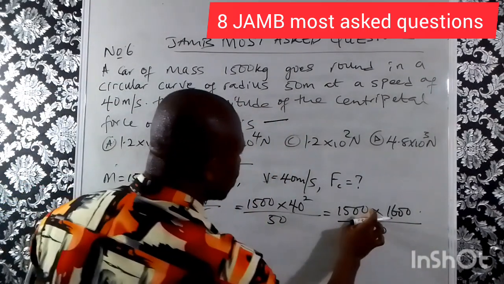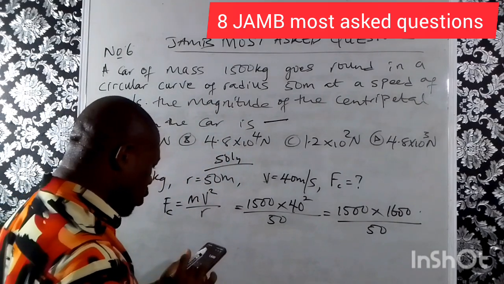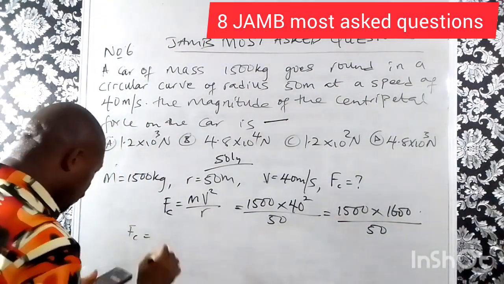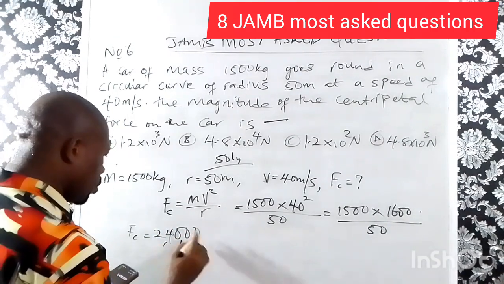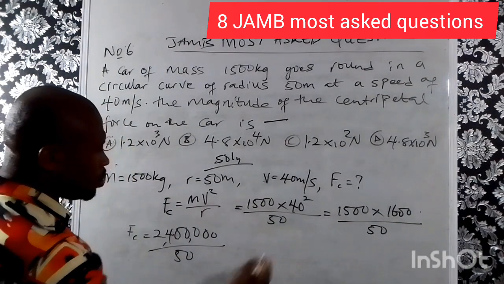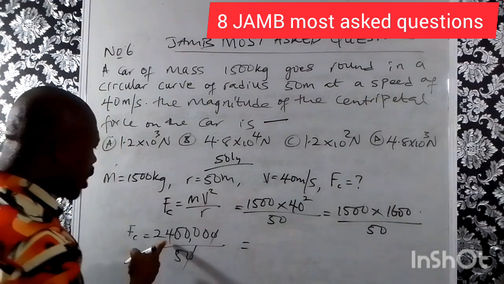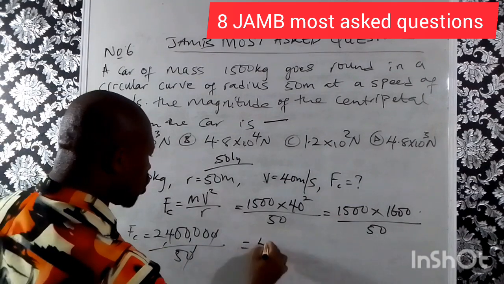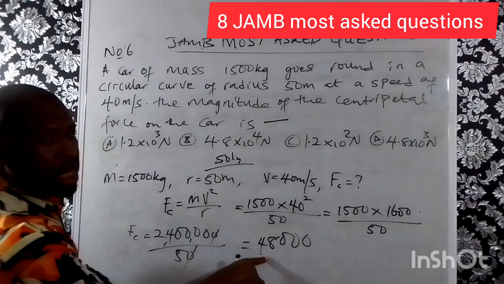Now, if you multiply, 1,600 multiplied by 1,500 will give us 2,400,000 all over 50. Now, this 0 can cancel this 0, which will give us 240,000 divided by 5, which will give us 48,000. At this point, this one is in ordinary form.